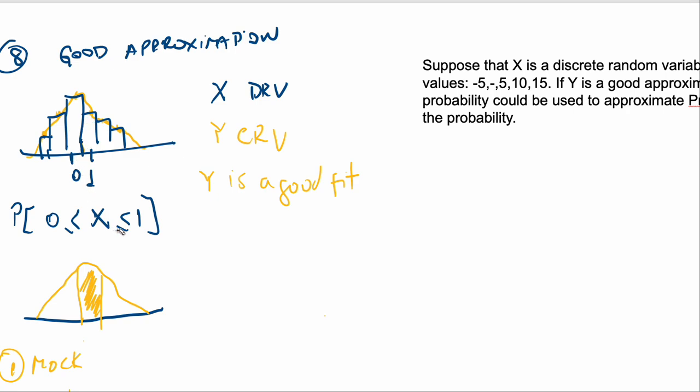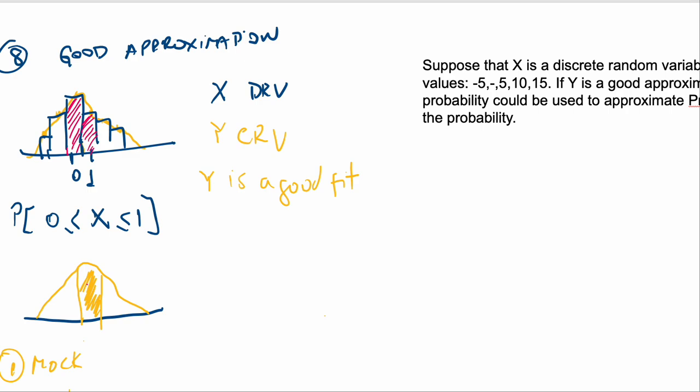You have the histogram and you want the area between 0 and 1. So you will include the bin of 0, because remember, the bin centered at 0 gives you the area, or the probability, of your discrete random variable being 0, and you will include the 1, okay?